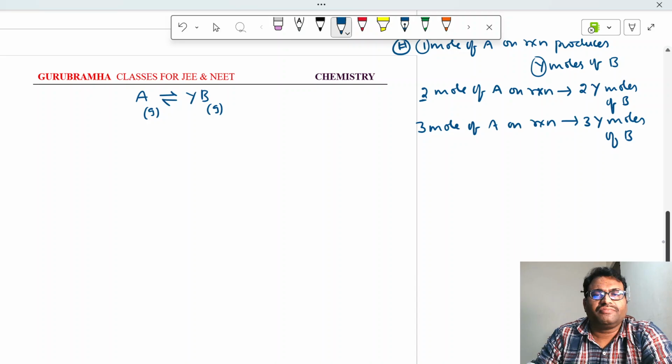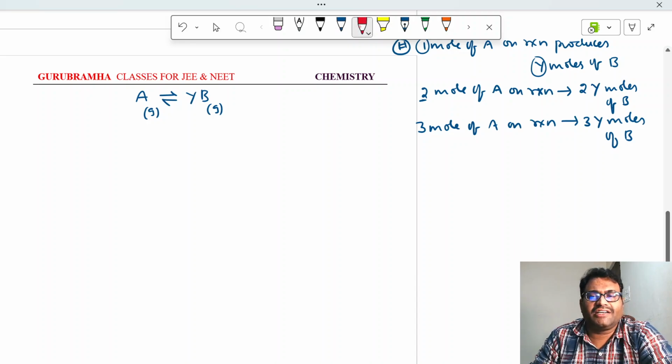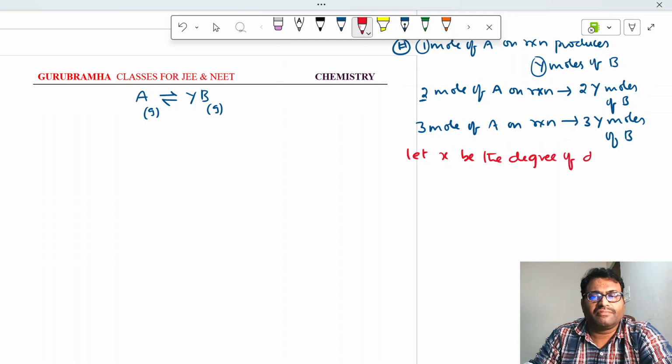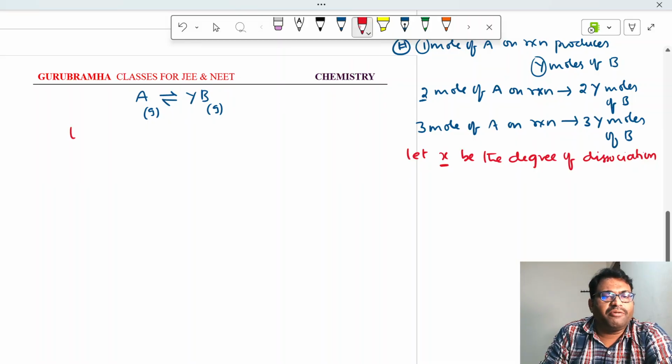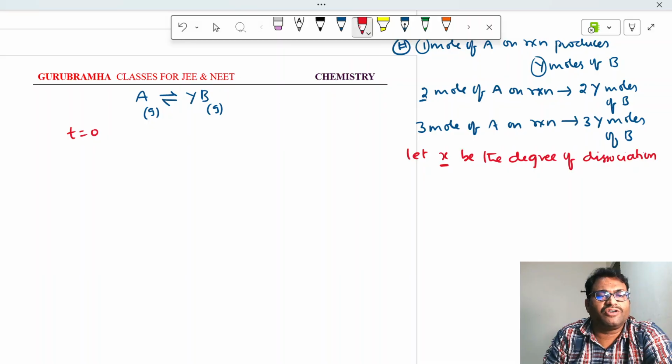Next, for this reaction, let X be the degree of dissociation. If X is the degree of dissociation, at time t equals 0, the reaction has not started.